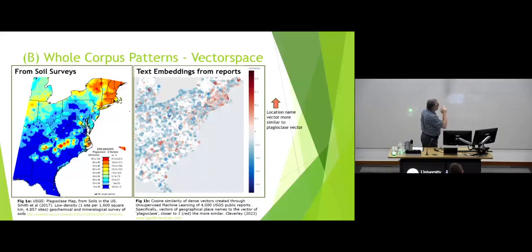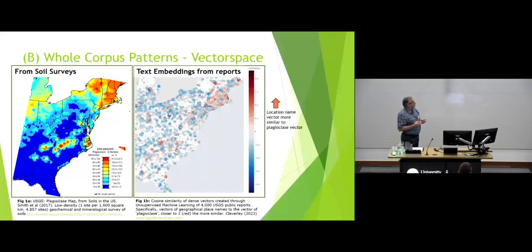So what I've done here is, on the left is actual soil measurement data on plagioclase compositions on the east coast of the US. The picture on the right is nothing to do with soil measurements. It's purely the patterns of words in text, where we're using open source lists of place names and comparing the vectors to plagioclase.